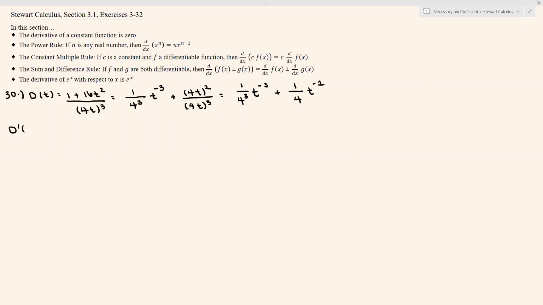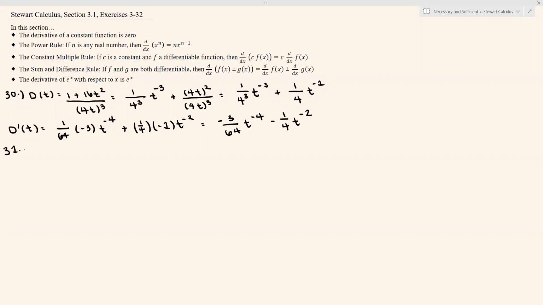So we take the derivative, d prime of t is equal to 1 over 4 cubed, that's 1 over 64, times negative 3, t to the minus 3 minus 1 is minus 4, plus 1/4 times negative 1, t to the minus 1 minus 1 is minus 2. And after some simplification, this is just minus 3 over 64, t to the negative 4, minus 1/4 t to the negative 2.